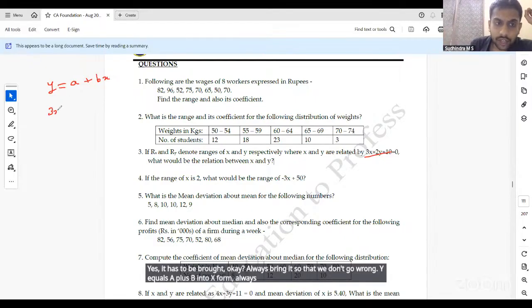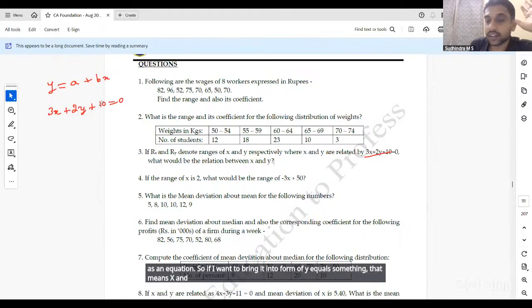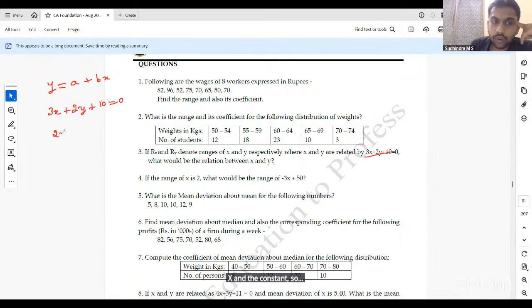So we have 3x plus 2y plus 10 equals 0 as the equation. To bring it into the form y equals something, x and the constant should be sent to the other side, RHS. 2y I'll retain, and 3x and 10 go to the other side: minus 3x minus 10.